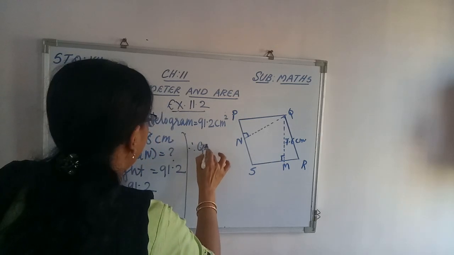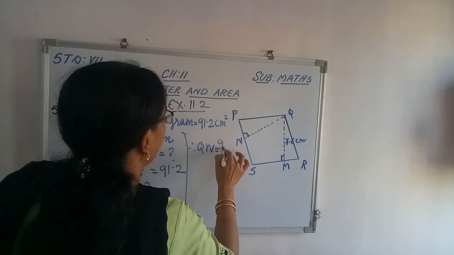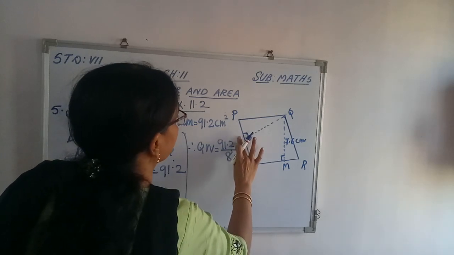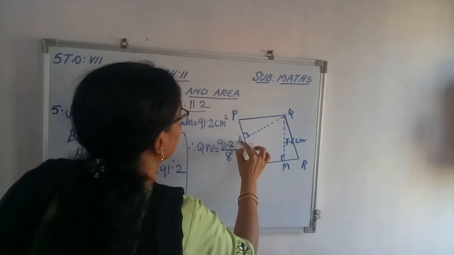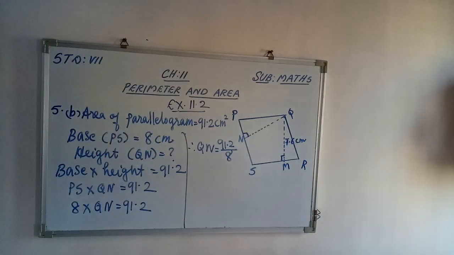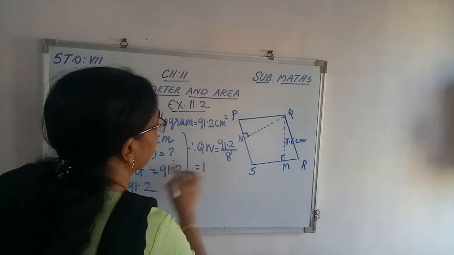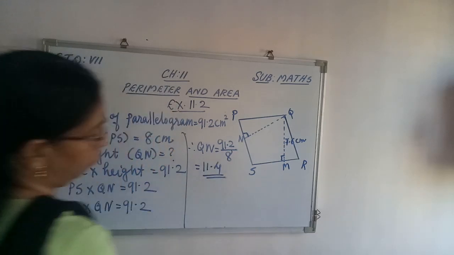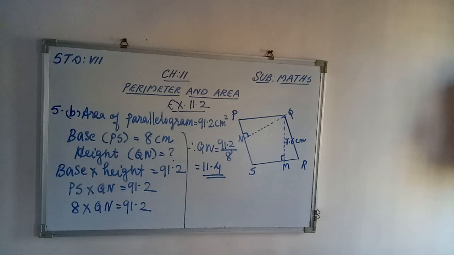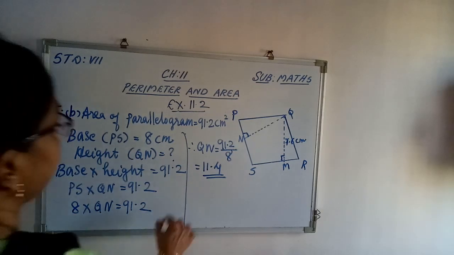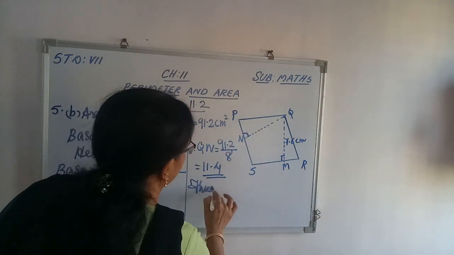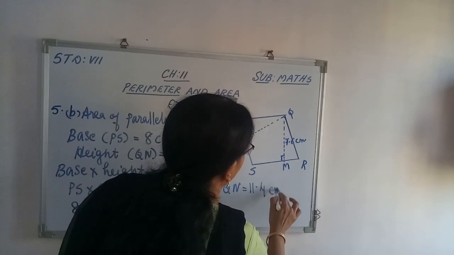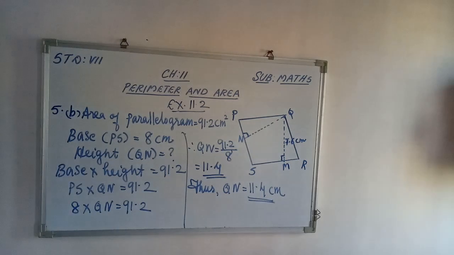Therefore, QN is equal to 91.2 divided by 8, which is equal to 11.4. That's the second question. So QN is equal to 11.4 centimeter. That is the answer.